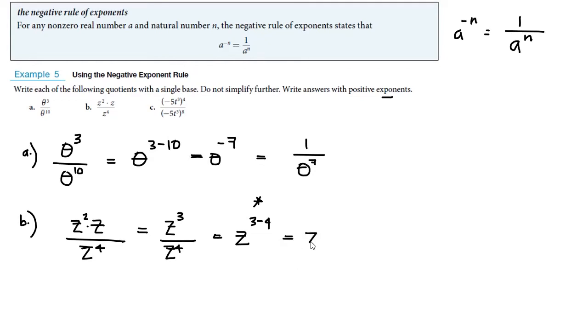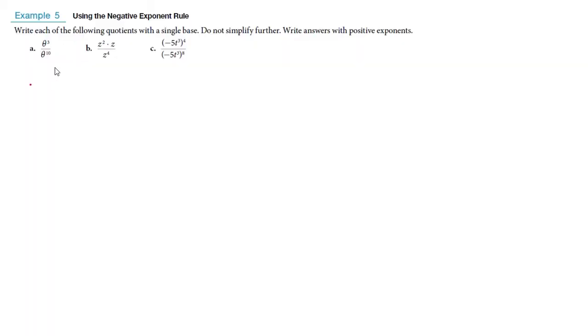So that is z to the power negative 1, or 1 over z. And of course there's an understood exponent of 1 there, but we don't normally write that if the exponent is 1.